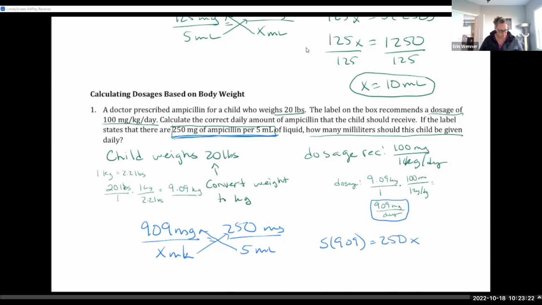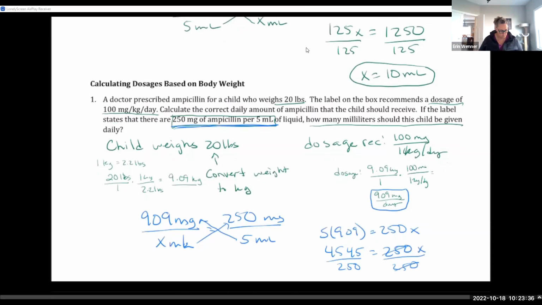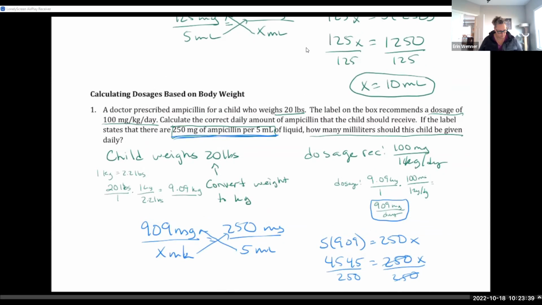So 5 times 909 gives us 4545, which equals 250X. Divide both sides by 250, and we get X is approximately equal to 18.18 milliliters, which we would round to 18.2 milliliters. So we want to give this child 18.2 milliliters.